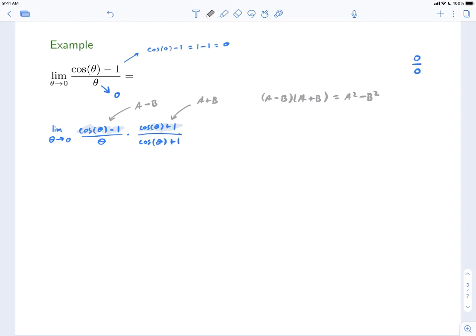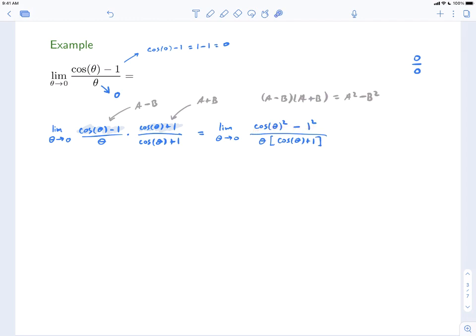And that's what we're hoping to achieve in our numerator. So we'll end up with the limit as theta goes to 0 of a squared, well that's cosine of theta quantity squared, minus b squared, which is 1 squared. Now of course 1 squared is just 1. And in the denominator we're not doing anything, we're just going to leave it as theta times cosine of theta plus 1.